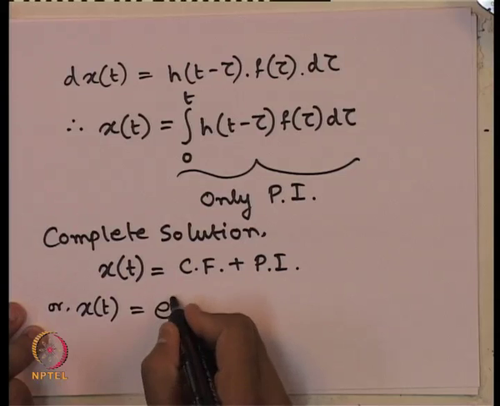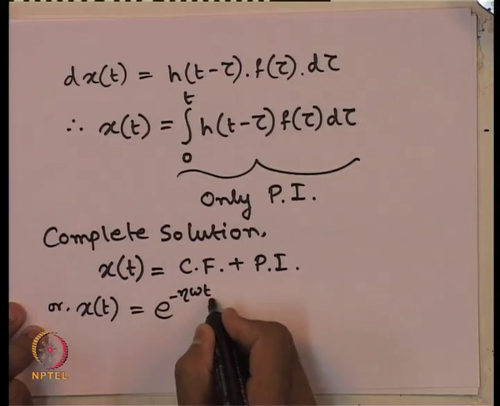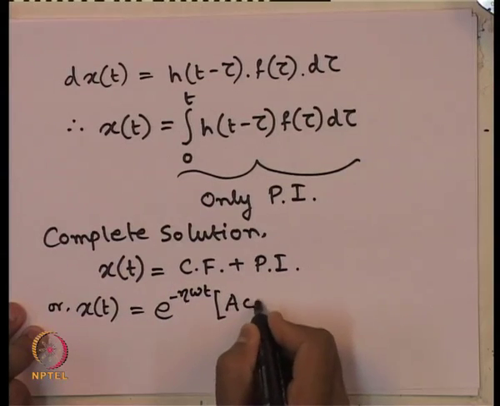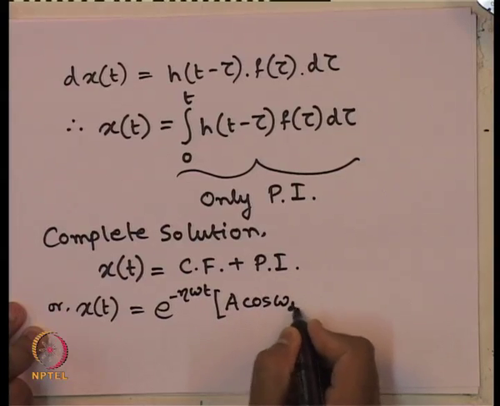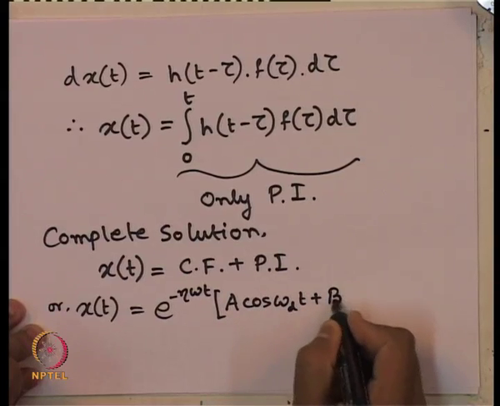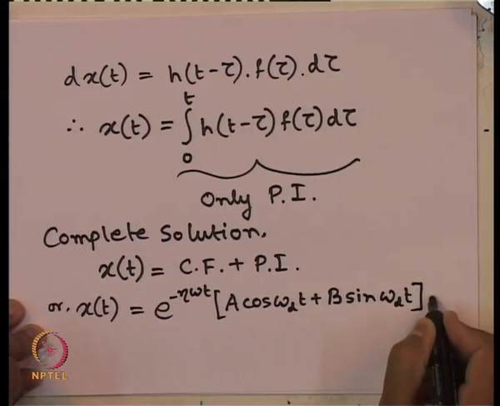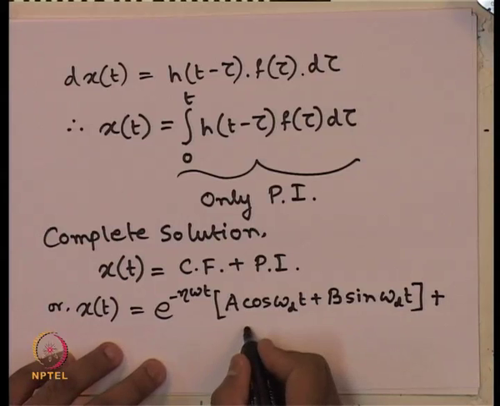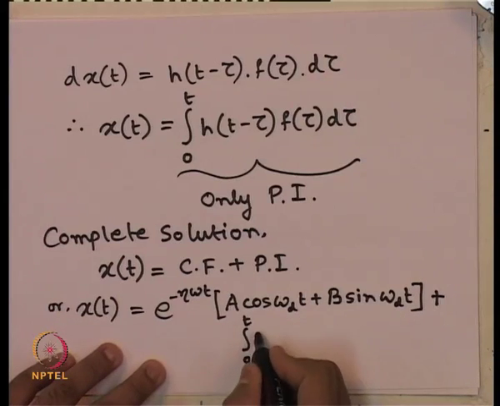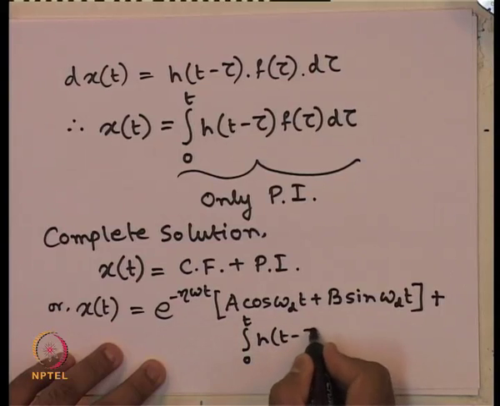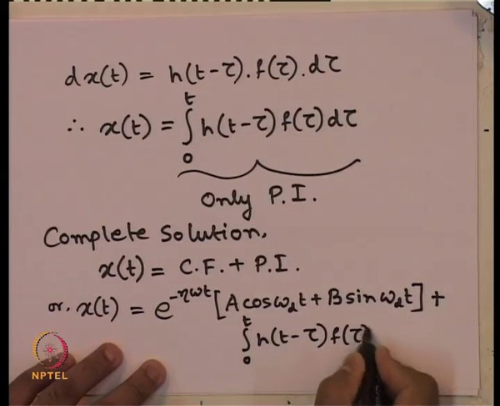So, e to the power minus eta omega t, a cosine of omega d t plus b sine of omega d t, plus this component of particular integral, that is integration 0 to t of h of t minus tau f tau d tau.